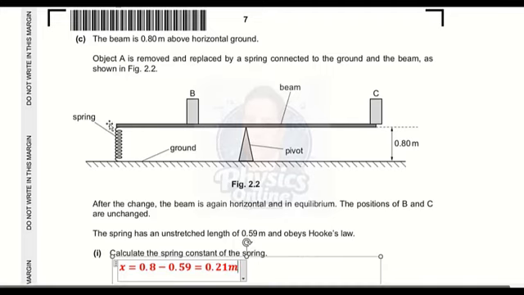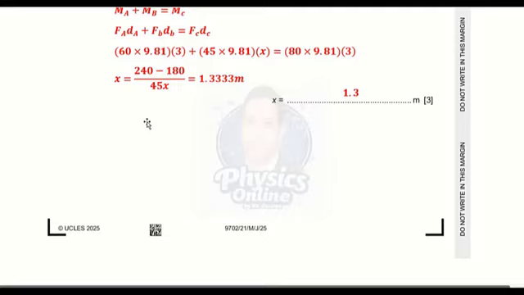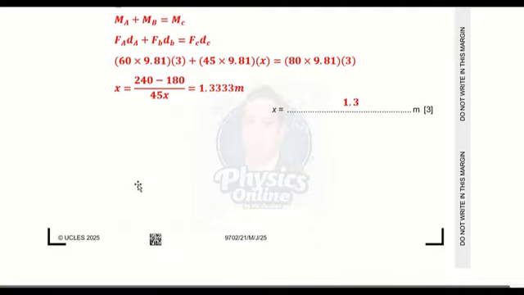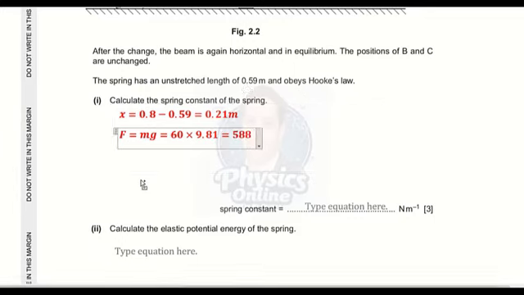For the force, it is the same force as object A. Force here equals m times g. The mass of object A, as mentioned here, is 60 kilograms. So 60 times 9.81 equals 588 Newton.